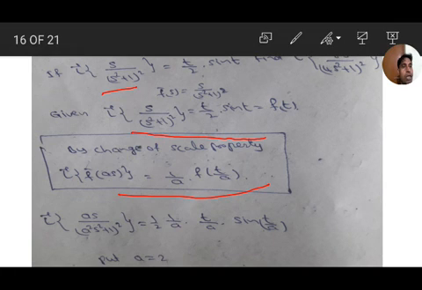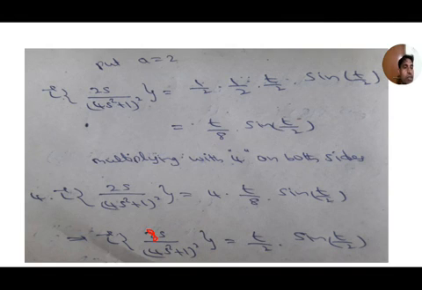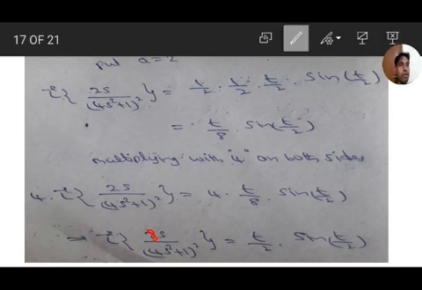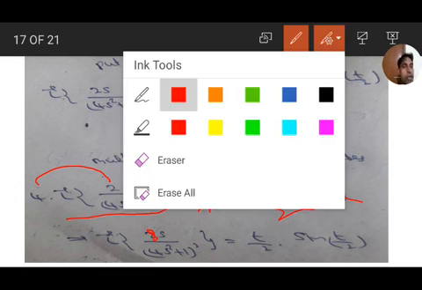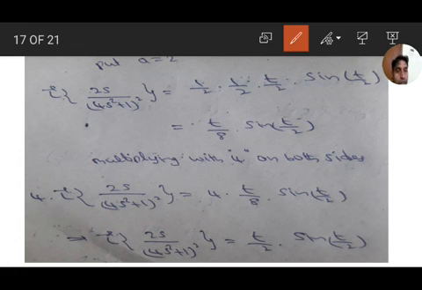Multiplying both sides by 4, we get 4 into L inverse of 2s by (4s square plus 1) whole square equals 4 into t by 8 into sin t by 2, and the 4 and 8 cancel. If the 4 goes inside, 4 into 2 gives 8s by (4s square plus 1) whole square, equal to t by 2 into sin t by 2.